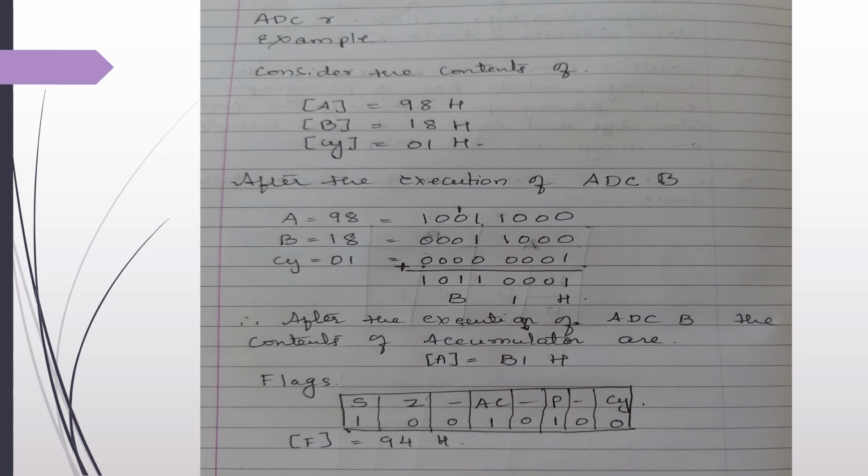That's why we have shown auxiliary carry as 1, and there is 1 on the 8th bit. That's why the sign flag is 1. There is no carry generated, that's why carry is 0. The answer is not 0, that's why the zero flag is 0. And parity is 1. Why is parity 1? Because the number of ones in the result is even. So even parity is 1. That's why the content of the flag register is 94H.